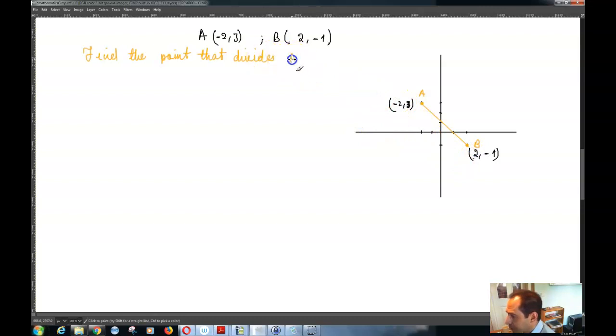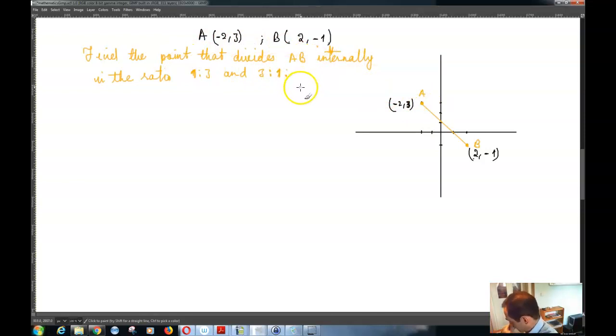That divides AB internally in the ratio 1 to 3 and 3 to 1, meaning that you're looking for actually 2 points. You want to find the point that divides AB internally in the ratio 1 to 3 and 3 to 1.